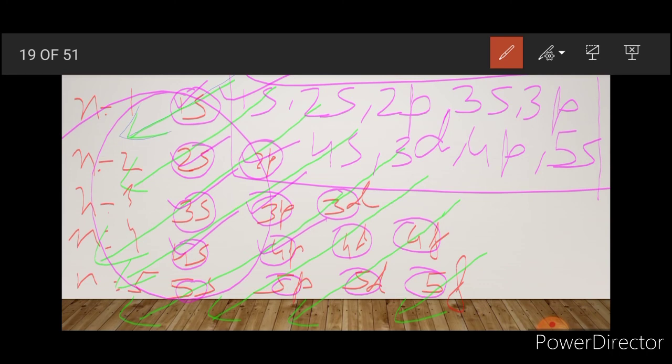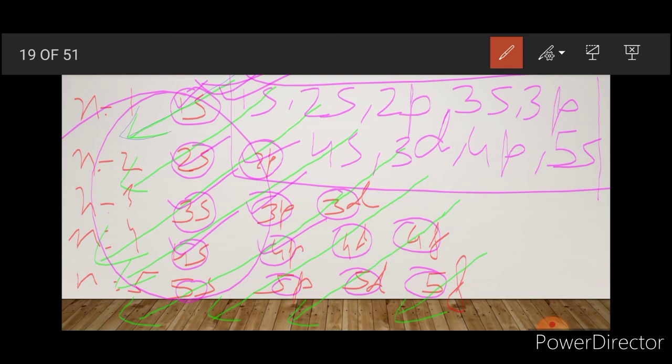I want you all to learn this sequence by heart, because anytime I give you an electronic configuration to do, you have to follow this, and you will not draw it at that time. You have to learn it: 1s, 2s, 2p, 3s, 3p, 4s, 3d, 4p, 5s. At least learn this much.